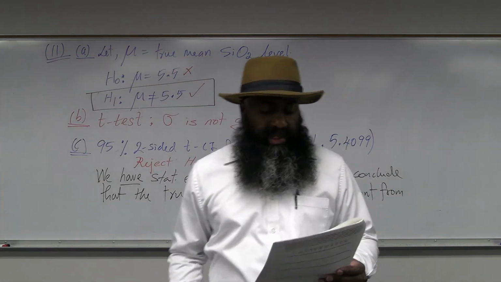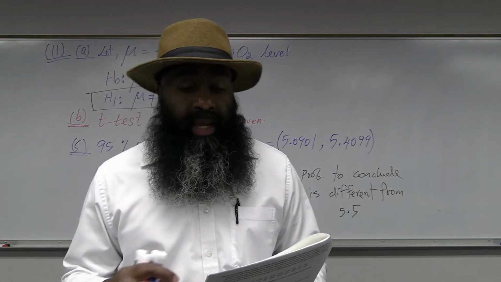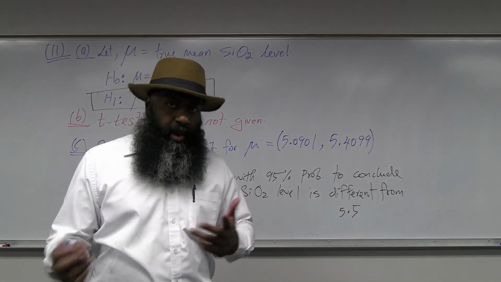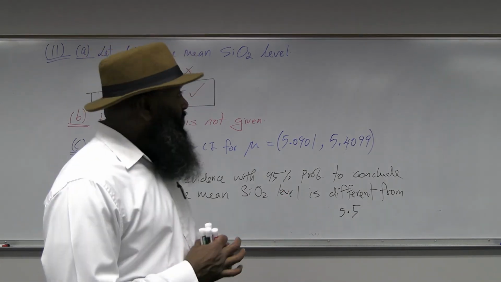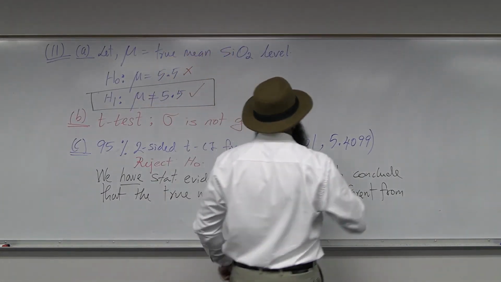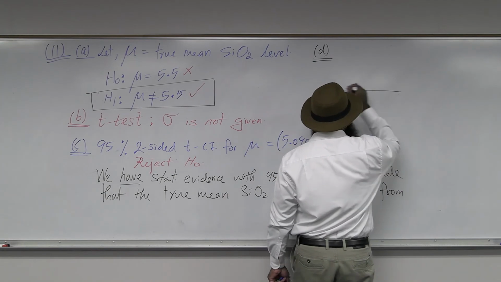Test the hypothesis using the test statistic and critical value method. Now this is from a data set of 16 data points. Therefore, the degrees of freedom should be equal to 15. So for part B, the distribution we have to use is T15.